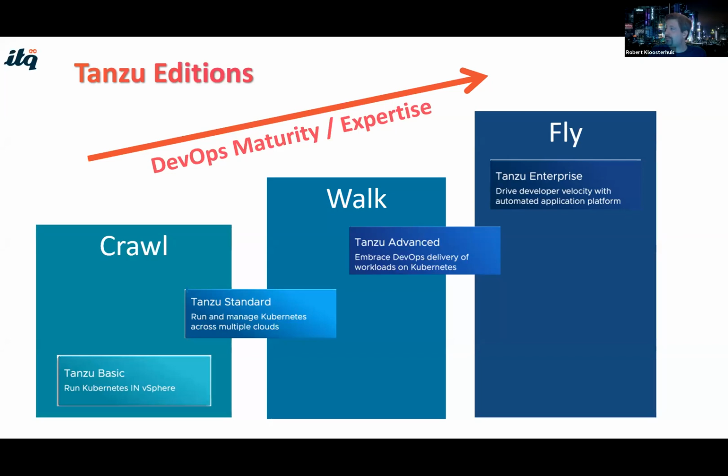Now, you might be wondering, which products of the previous slide are included in these different editions? And we'll get to that. But first, we have to dive a bit deeper into the core managed Kubernetes part of the Tanzu offering, Tanzu Kubernetes Grid, and understand why I need to do that first.